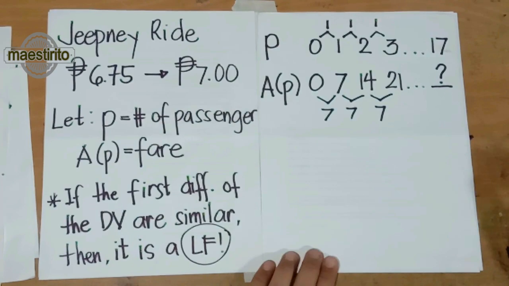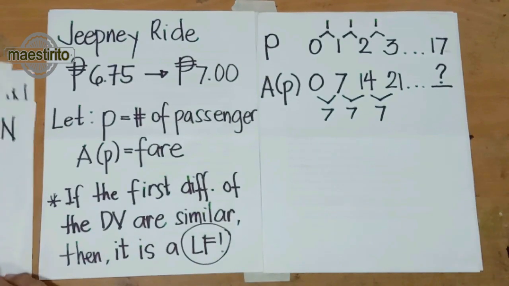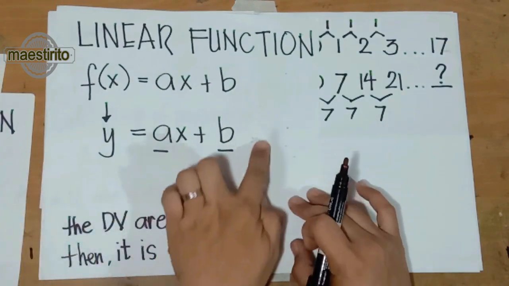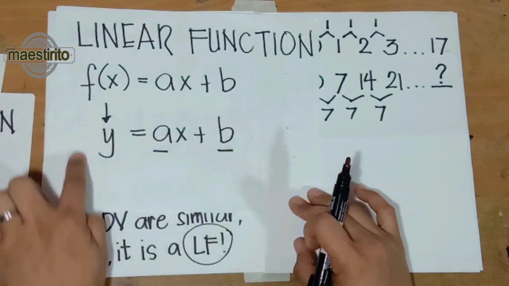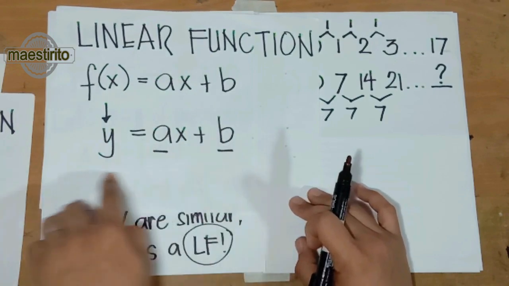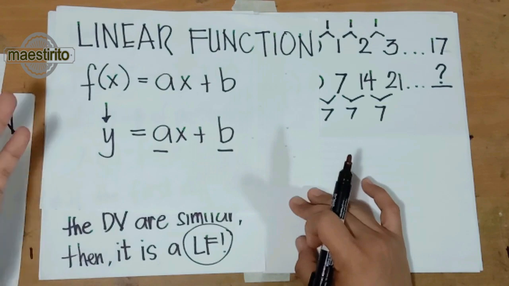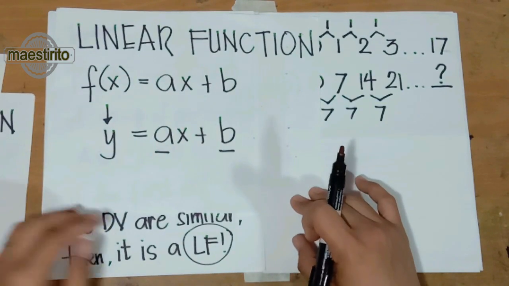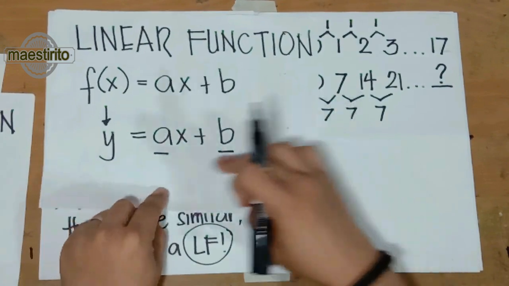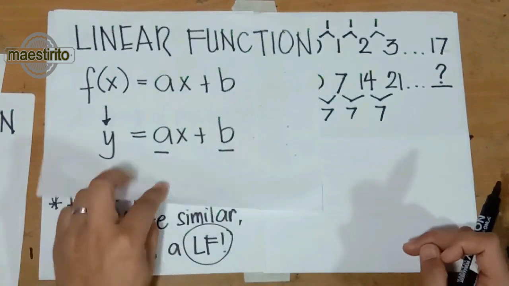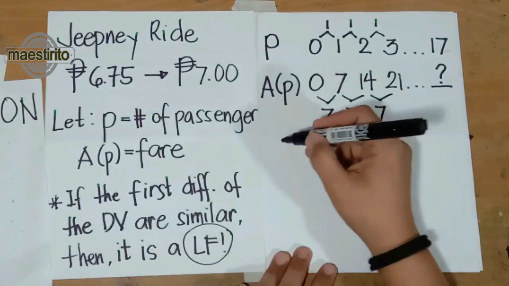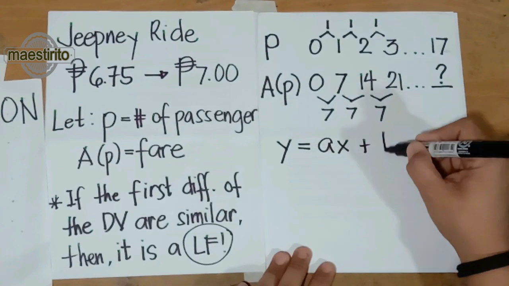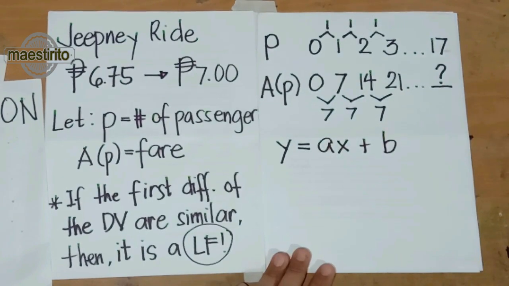so let's go back to the idea that if it is a linear function, it should follow this pattern, this model, this equation or function, well, whatever term you want to name it, it's fine. So let us have this, y is equal to ax plus b. So let me write it here, y is equal to ax plus b, since it is a linear function.